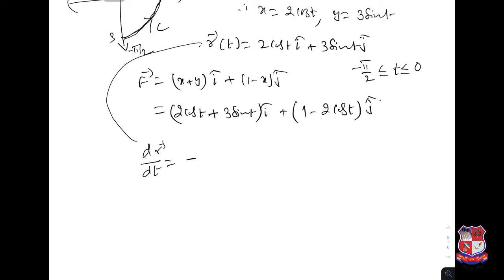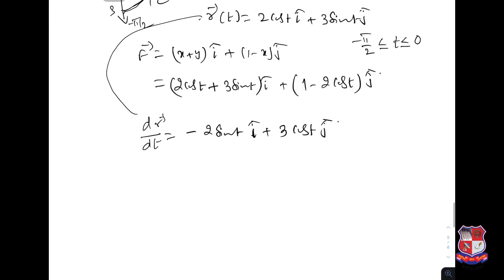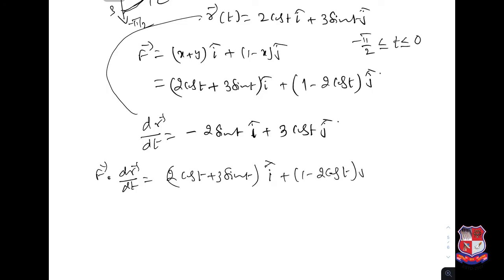So this is minus 2 sine t i plus 3 cosine t j. Now F dot dr by dt, it is the dot product with minus 2 sine t i plus 3 cos t j.